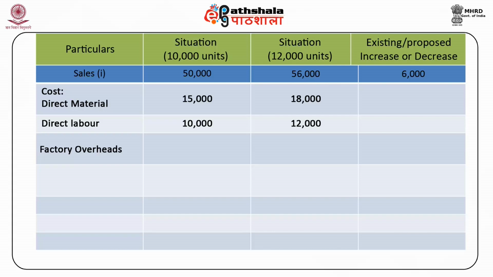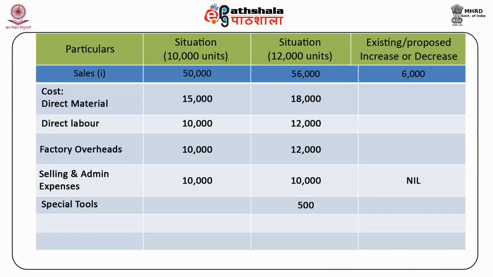Factory overheads and selling and administrative expenses would remain the same, that is rupees 10,000 each. There will be an additional cost on account of special tools of rupees 500. The total costs come out to be rupees 50,500, such that the total profit comes out to be rupees 5,500.